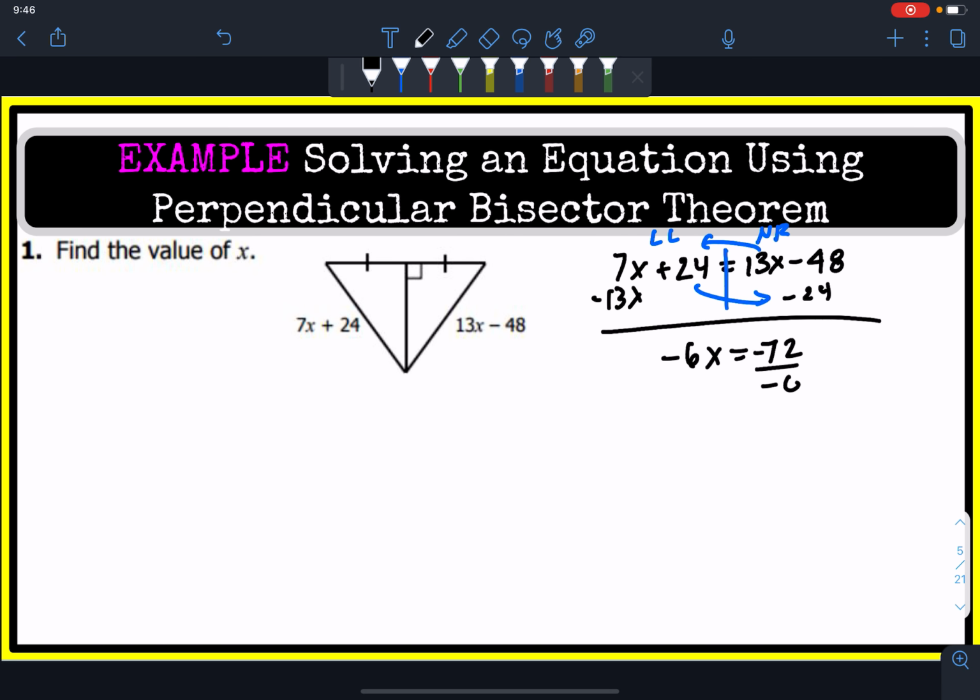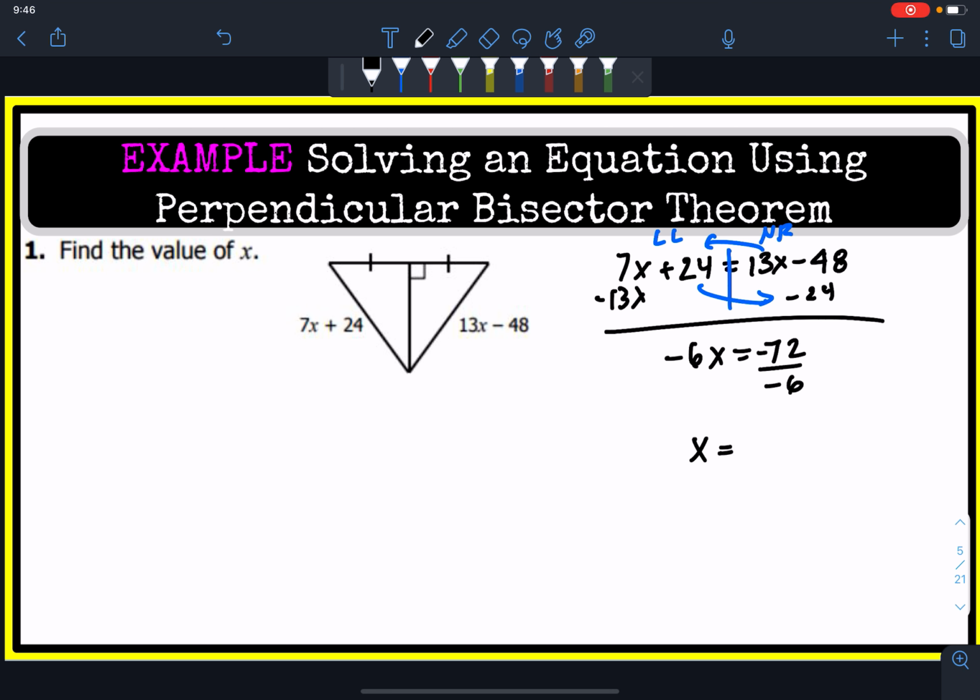Dividing by negative 6, we get that the value of x is going to equal positive 12. So x is equal to 12.